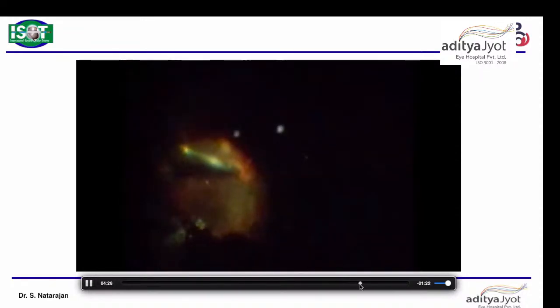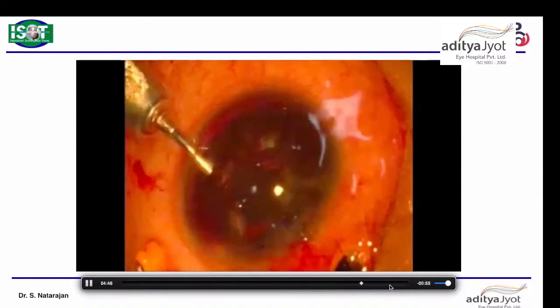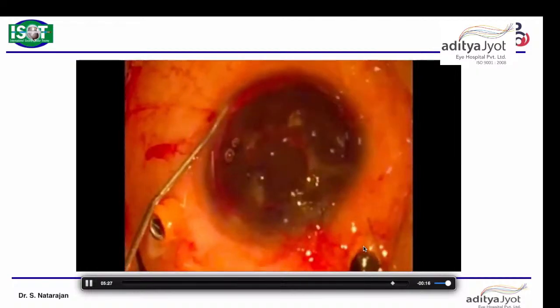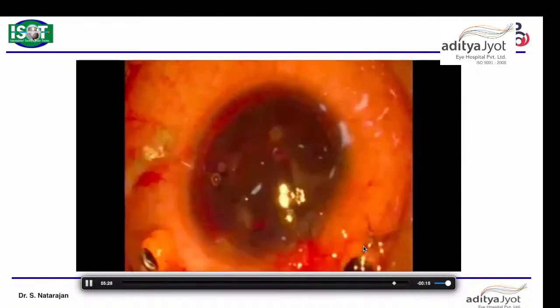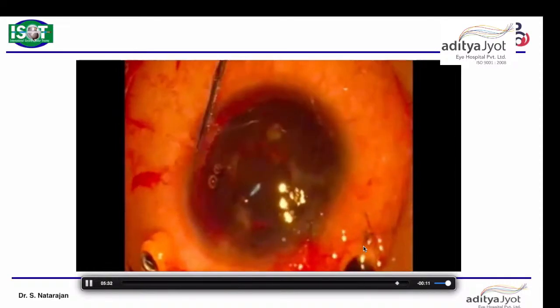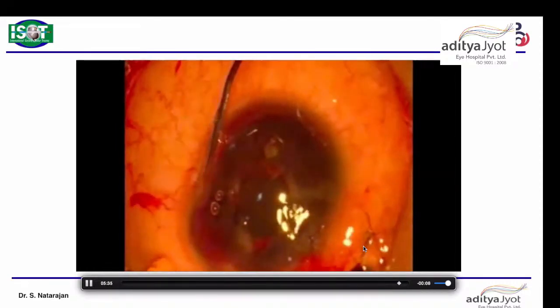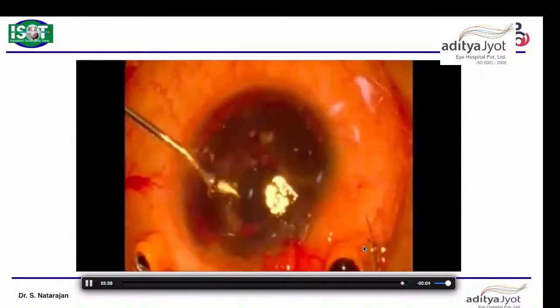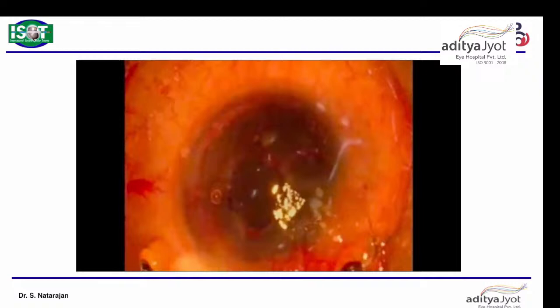Keep the eye as clean as possible, and make sure that when you're going near the retina, don't have suction. And then here you see some remnant of blood. This patient required multiple intravitreal injections of antibiotic post-surgery, sometimes every 48 hours post-operatively. And the prognosis is a problem in this.